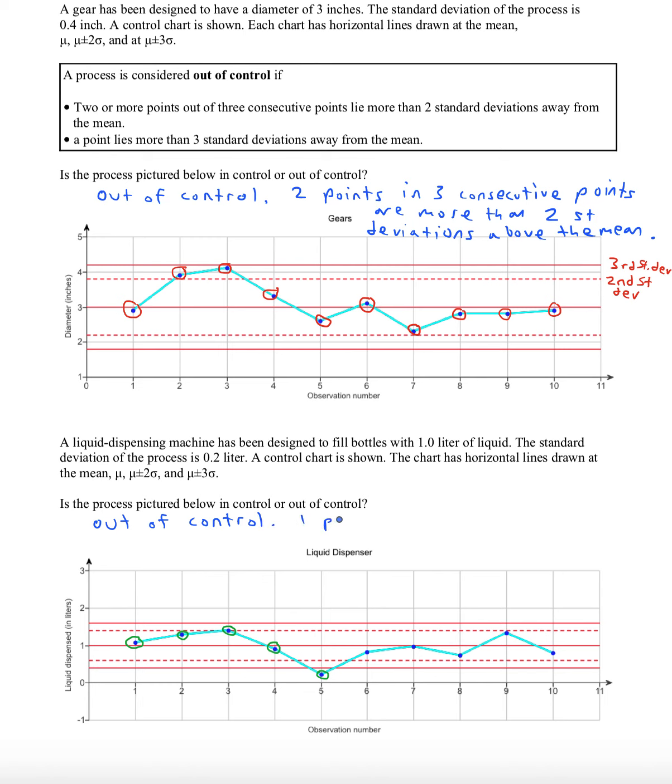It's because 1 point is more than 3 standard deviations below the mean.